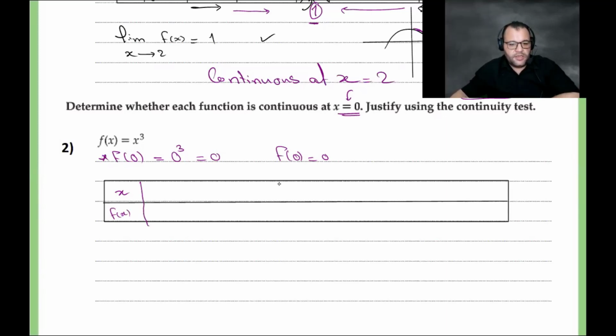In the middle, we have 0. We will subtract 0.1 and we will add 0.1. If you add 0.1, it will be 0.1. If you subtract 0.1, it will be negative 0.1.